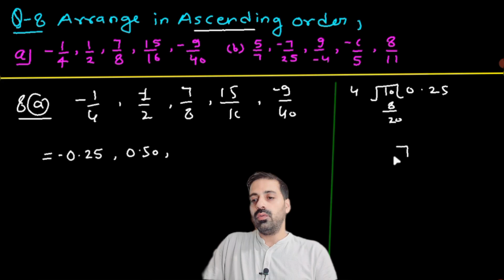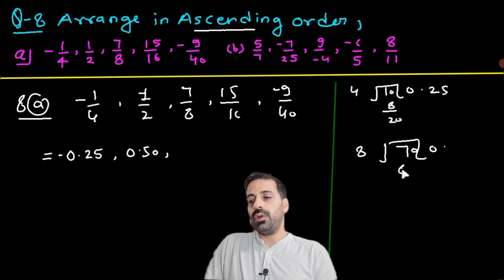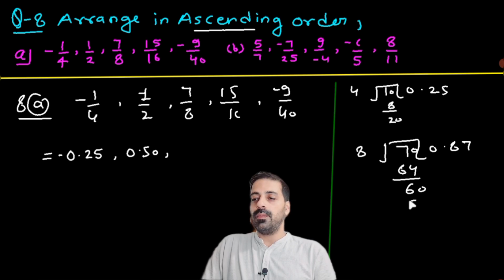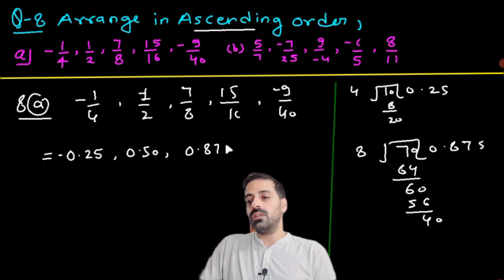Then 1 by 2 gives 0.50. Now divide 7 by 8: the point is here, 8 times 8 is 64, 6 is remaining; 7 times 56, 4 is remaining; then 5 times. So we have 0.875.